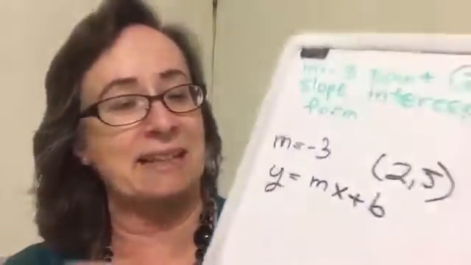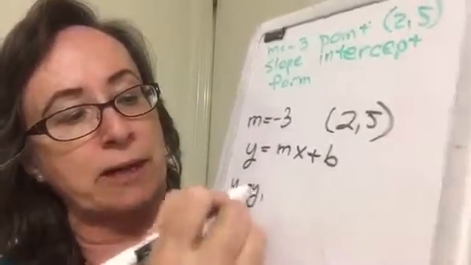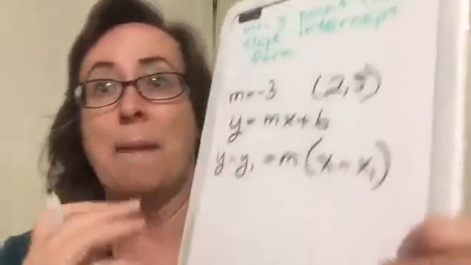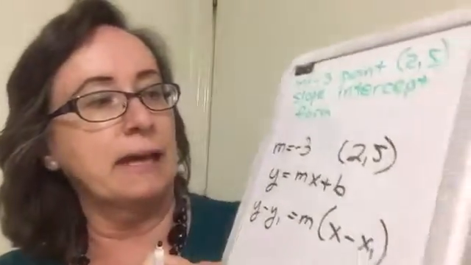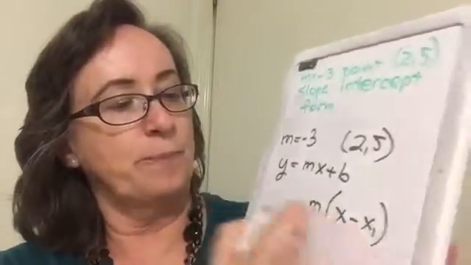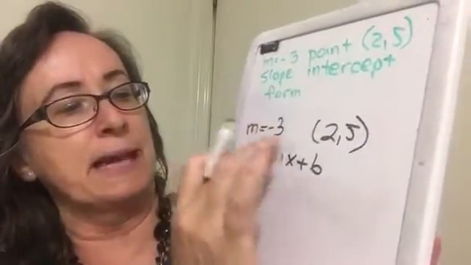Now, I use that a lot. That's my favorite one. Remember, you could use y minus y1 is m times x minus x1. Both methods work. Both methods are correct. Okay, I just tend to prefer this one. So I'm going to erase that one. So here we've got our slope is -3.